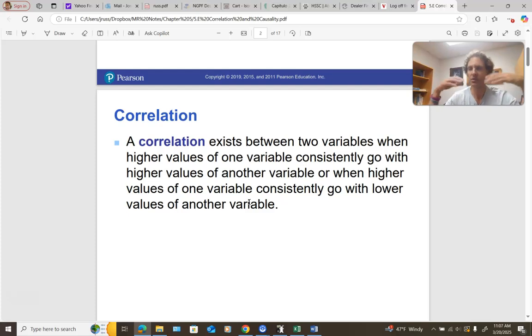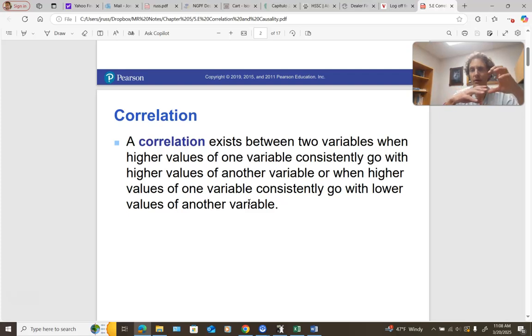Okay, so in a sense we have a relationship here, or correspondence. So you have variable 1 and variable 2. Okay, now those variables can represent different things, and we'll look at some examples here in a minute.